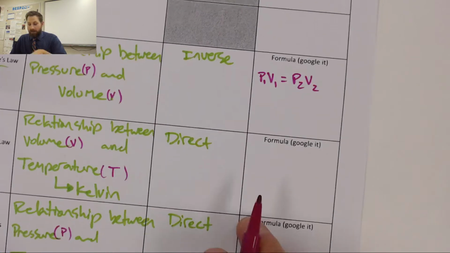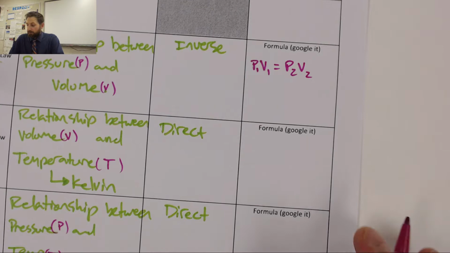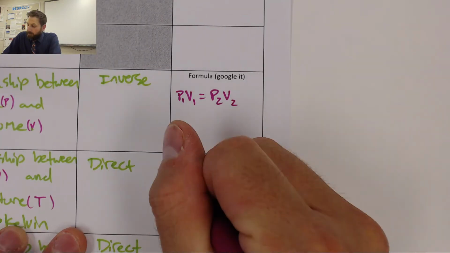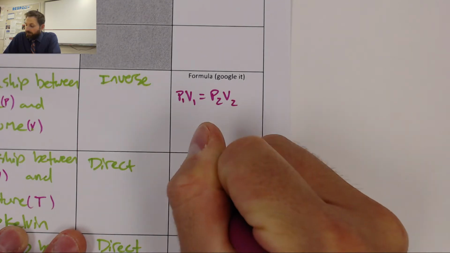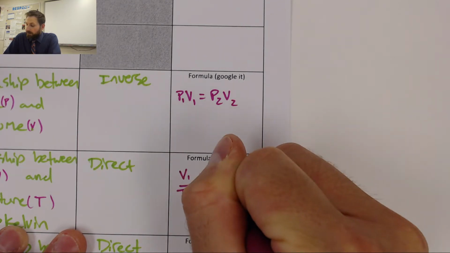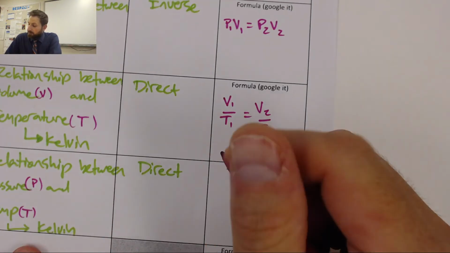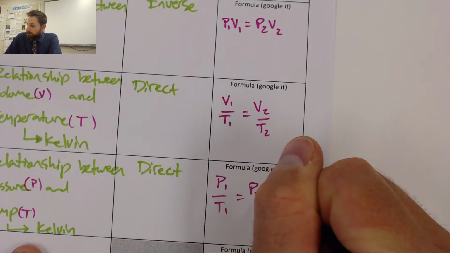Gay-Lussac's law, same thing. You heat up something, heat up something, heat up something, the pressure is really going to build. Formula for Charles' law is V1 over T1 equals V2 over T2. Again, we'll talk about this in the future. And then P1 over T1 equals P2 over T2.